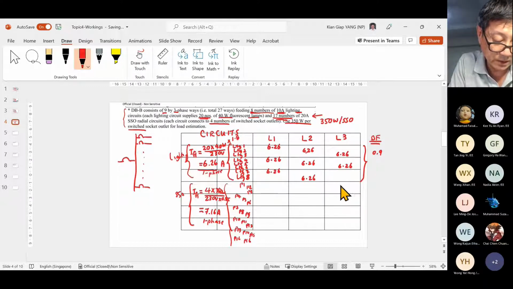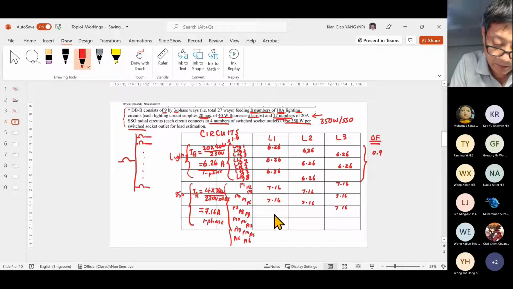So this time I will start from here. I will start with 7.16 ampere here. Then I go back to here, here, here, here, 7.16, 7.16, 7.16, like that, all the way.